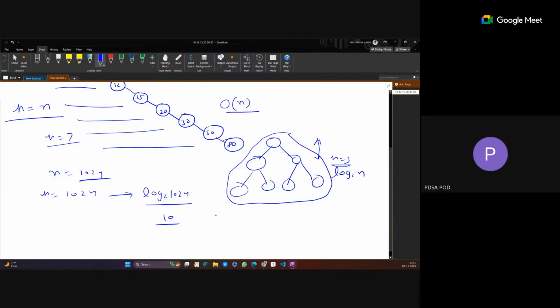Okay, so with a height of 10 you create a balanced tree, and any element you can search in 10 comparisons only. So here you can see the total difference in efficiency. In this you have to compare 1024 elements to search. Here you have to compare only 10 elements to search. So when we have large data, there is a clear advantage of this.